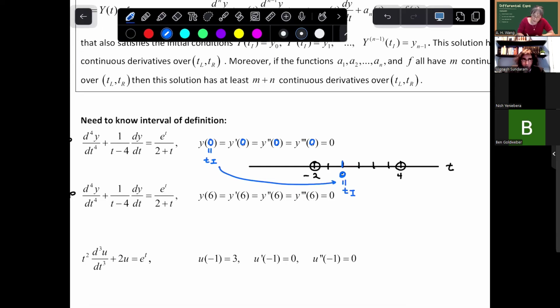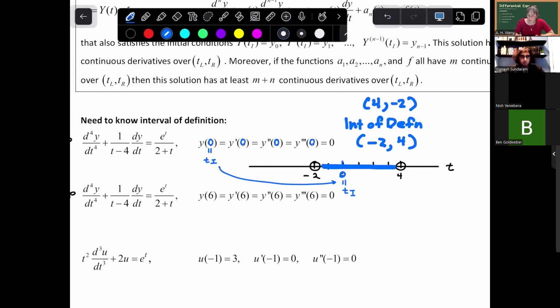Because of that, you pick the biggest interval that it's in. That's this. So the interval of definition for this initial value problem is -2 to 4. Notice it goes left to right, less to more. If you wrote 4 to -2, that's wrong. It always goes from left to right, less to more.